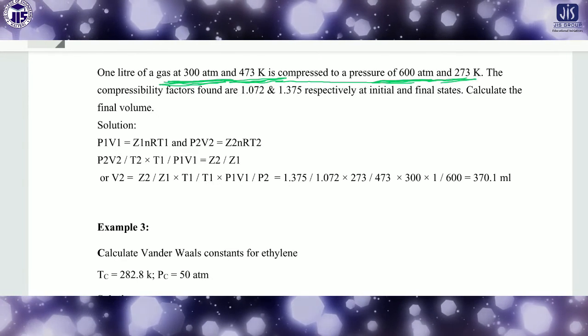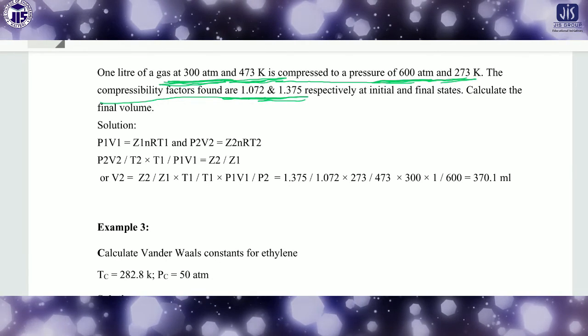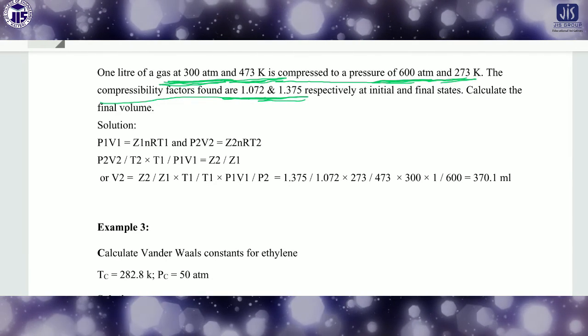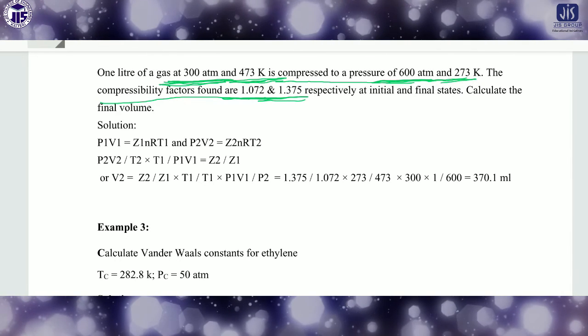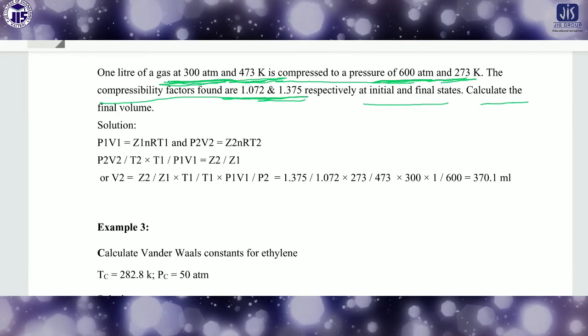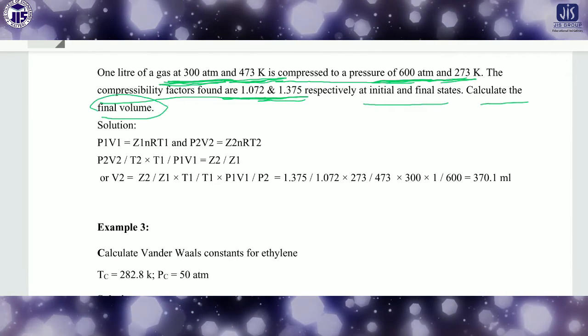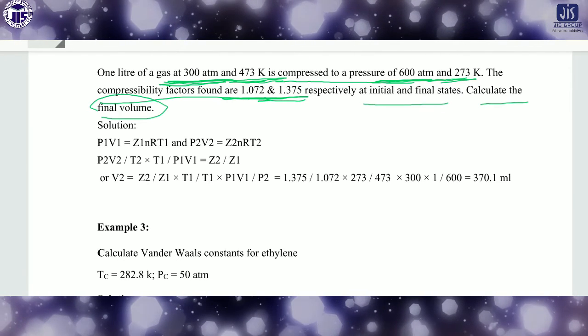The compressibility factors found are 1.072 and 1.375, respectively at the initial and final state. Calculate the final volume. We have to find out what the final volume will be.